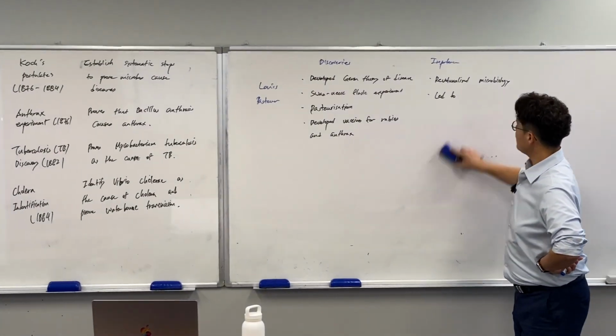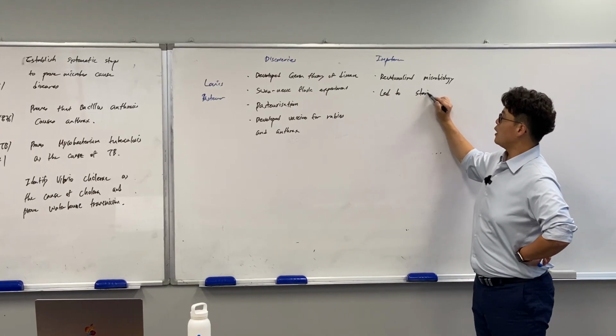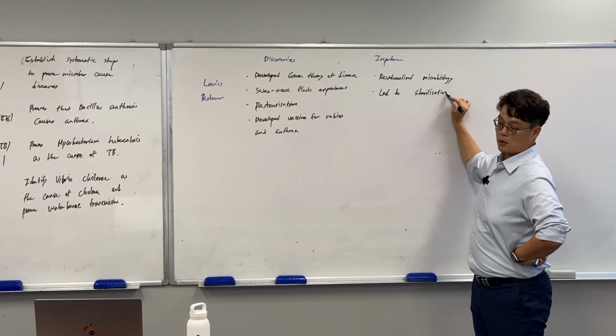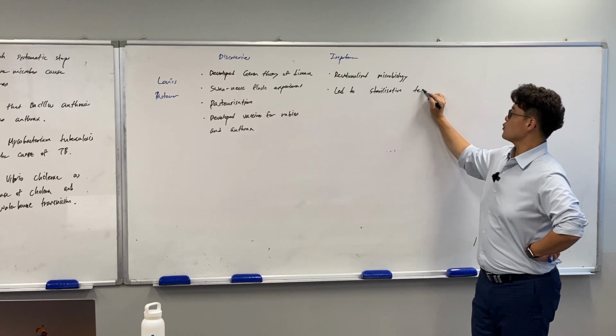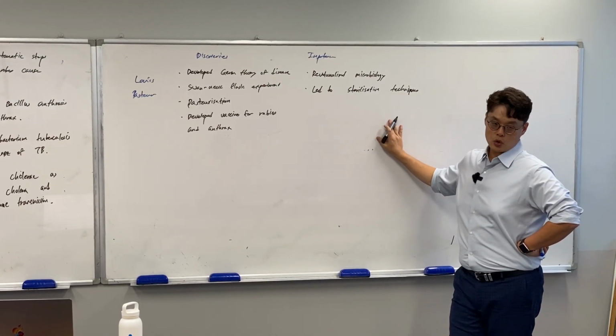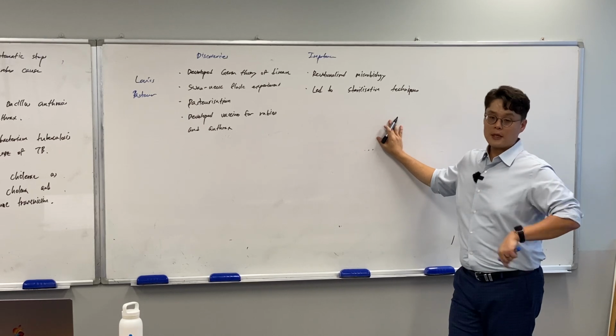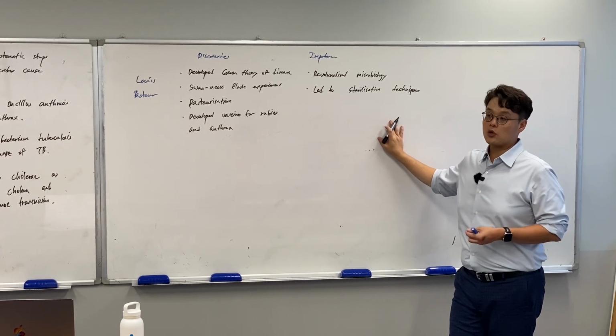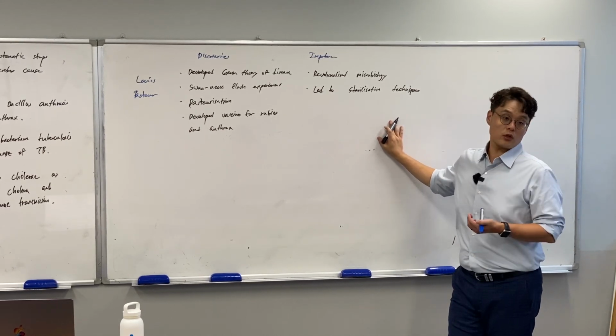So, sterilization techniques, which you may see in medical dramas. Basically, if you want to sterilize, we use an alcohol swab, we boil things, to get rid of all the microbes that exist.